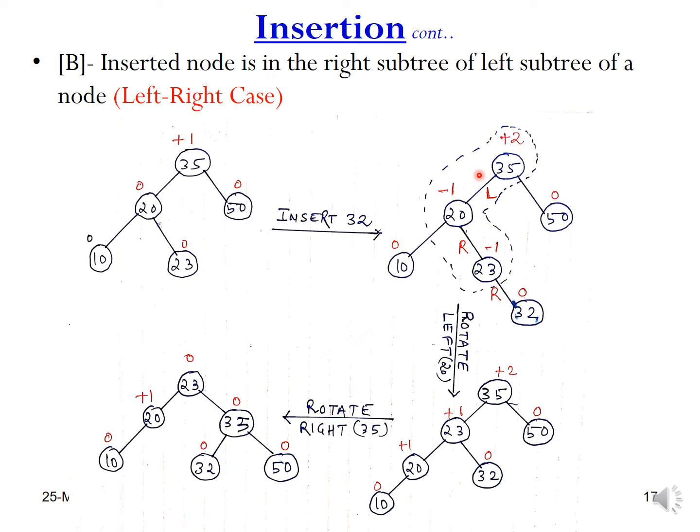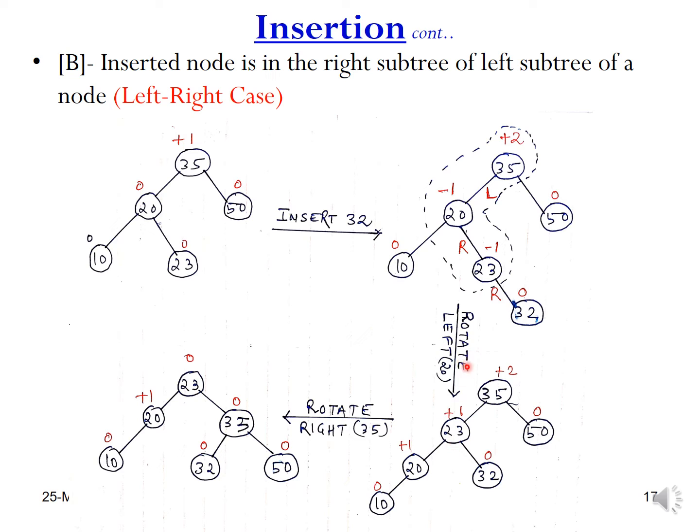In other words, we will focus on these three nodes, 20, 23 and 35. We find the mid of these three nodes: 23 is the mid of 20, 23 and 35, so it will become the root, with 20 on the left and 35 on the right. Or in other words, first we rotate on the left and then on the right, because this is the left-right case.